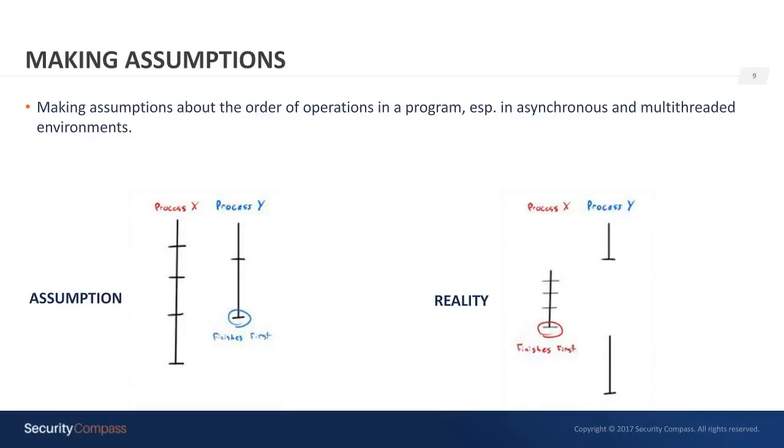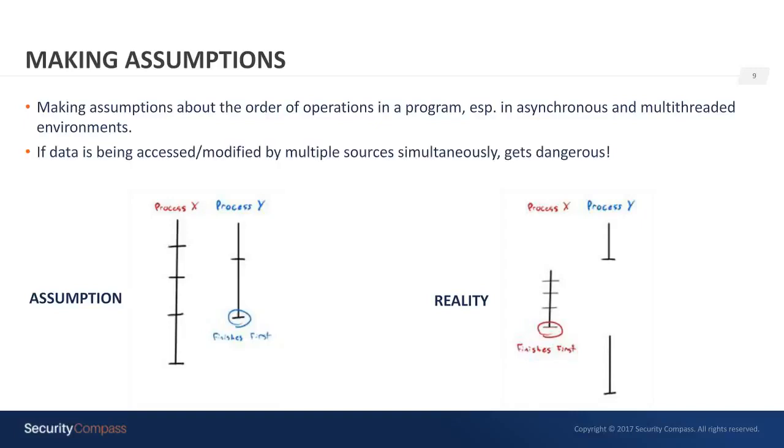And this becomes extremely dangerous in web applications, which by design are asynchronous, right? So in such environments, when you make this assumption, what really happens is what you see on the right side of the screen: a CPU or a processor might start with the shorter process first, but then somewhere in the middle, it jumps to the other one.